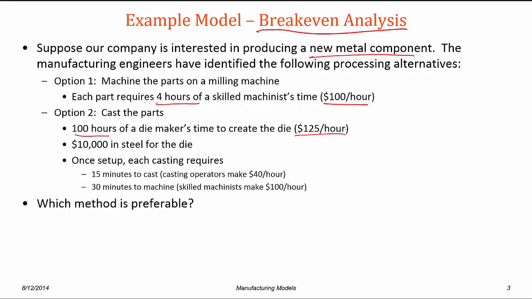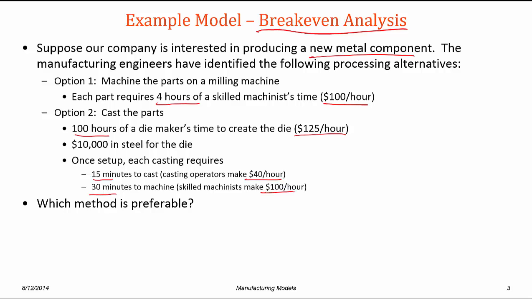Once the die is set up, the casting of each part requires 15 minutes to cast. Casting operators are at $40 an hour, and then finish machining to clean the part up takes 30 minutes at $100 an hour. So the question at hand is, which method is preferable? Would we rather do option 1 or option 2?